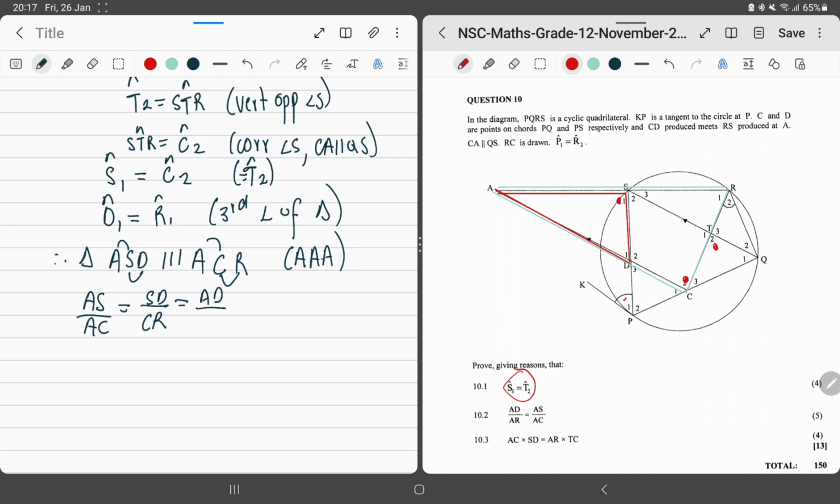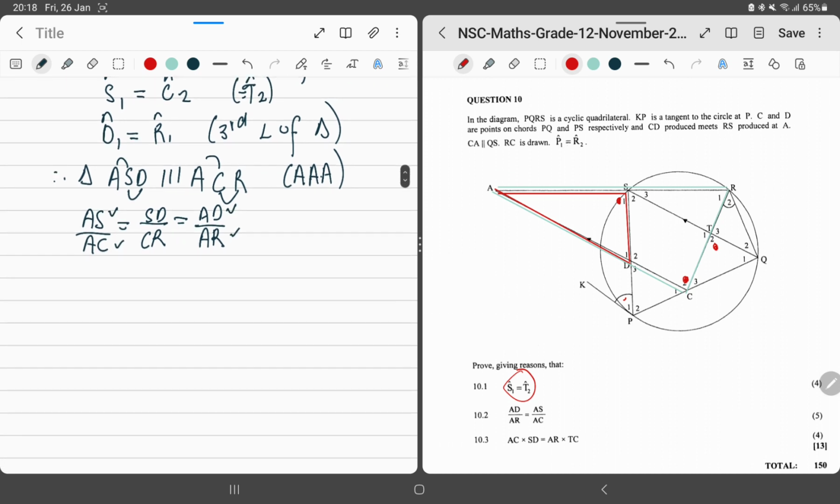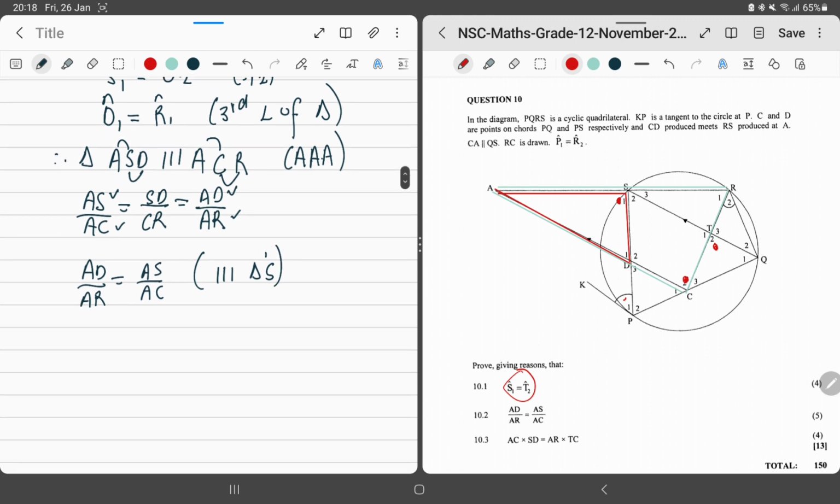This is AD, that's AR. And then we are interested in AD over AR, AS over AC. AD over AR is equals to AS over AC. This is because of similar triangles.